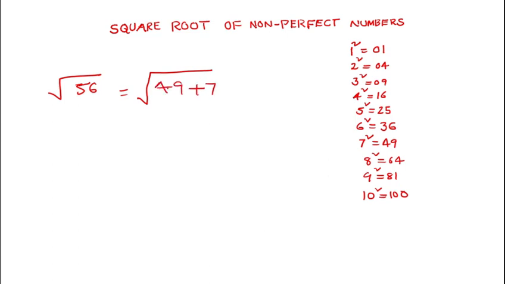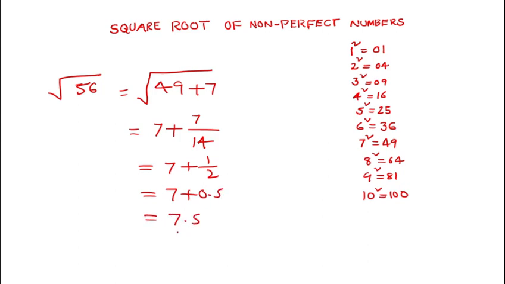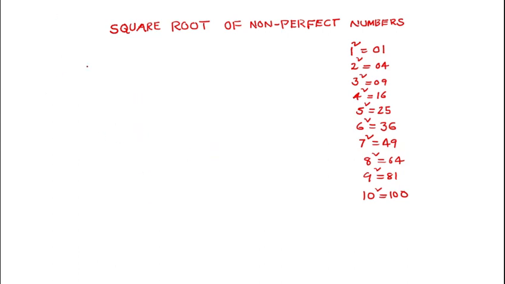Square root of 49 is simply 7, plus, write the 7 as it is, divided by double of this one, which is 14. The answer becomes 7 plus 7 by 14, simplified 1 by 2, so 7 plus 0.5, and finally we get the answer 7.5.